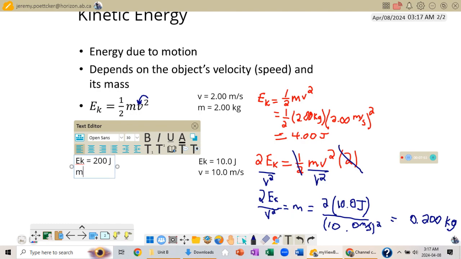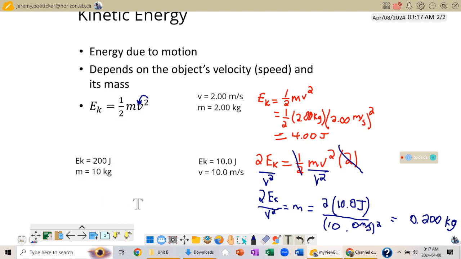My mass is going to be equal to 10 kilograms. All right, now I am picking nice numbers for these, but you may not always get nice numbers. So in this case here, I want to get the v squared by itself.